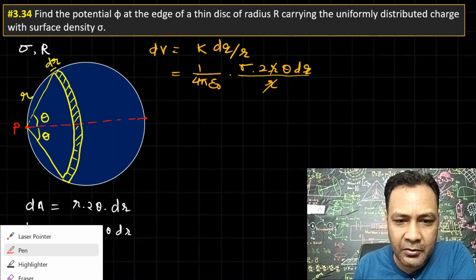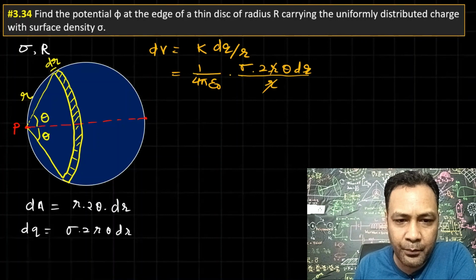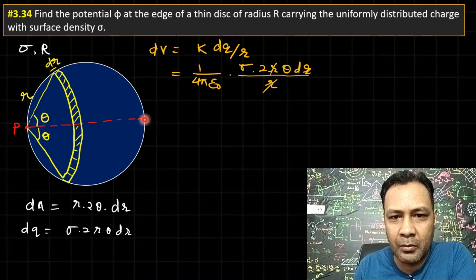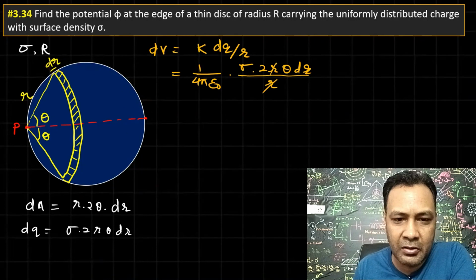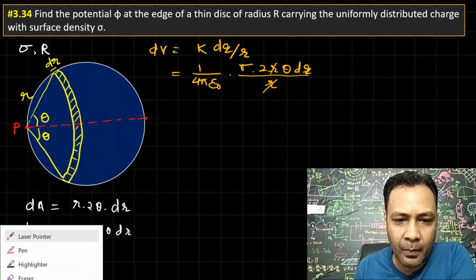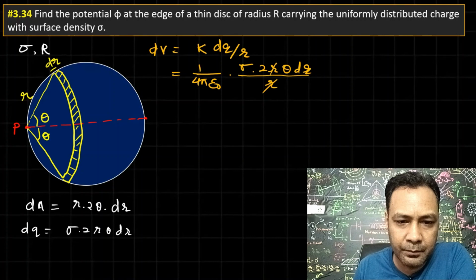For that, just see that this is a diameter and this is a semicircle. So the angle subtended by a diameter on a semicircle is 90 degrees. So here if I draw this line like this, this angle should be 90.